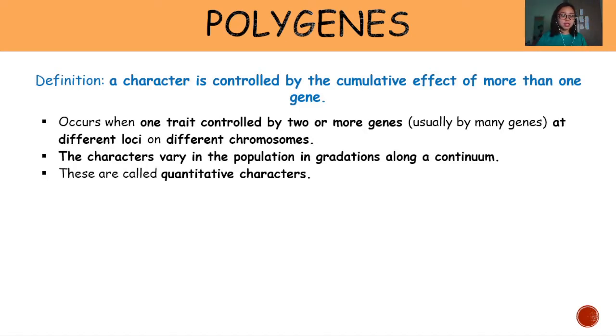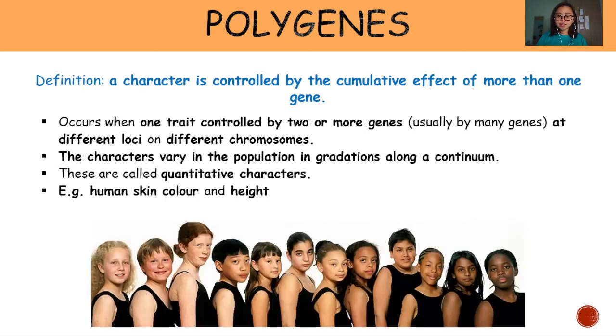We'll look at that in the diagrams later, and they are called quantitative characters, which means we need to measure them in some way. Examples are human skin color and height. And as you can see here, you cannot say skin color is just dark or fair. Kamu tidak boleh cakap orang itu putih ataupun hitam. So, kalau kita cakap kulit dia gelap, hitam macam kasar sedikit kan.